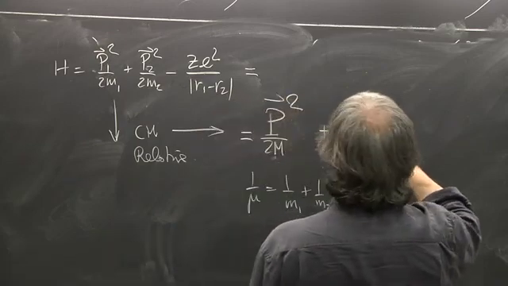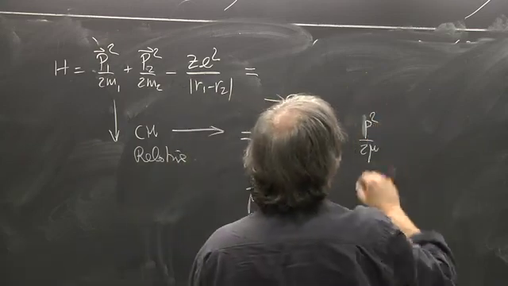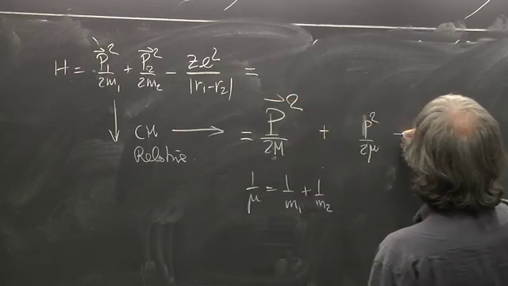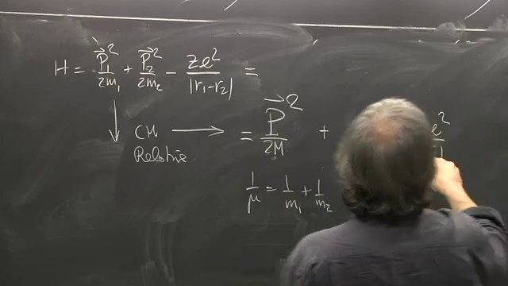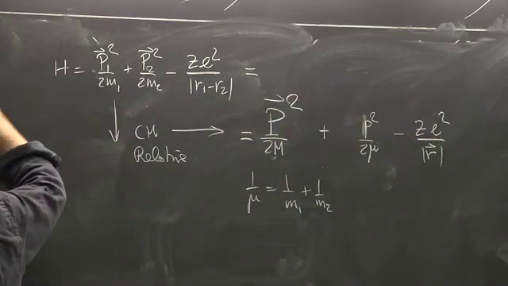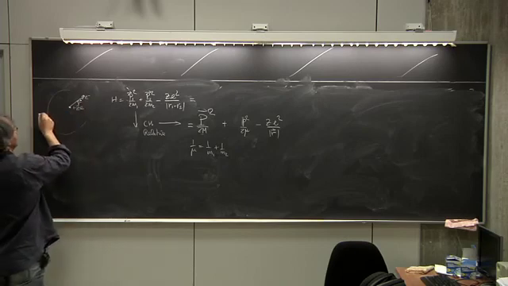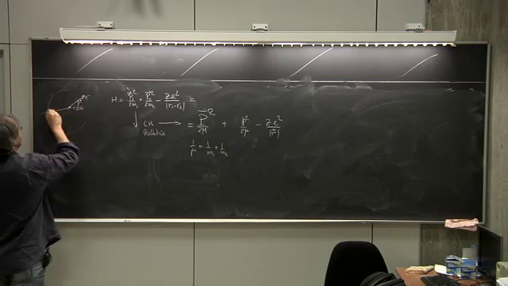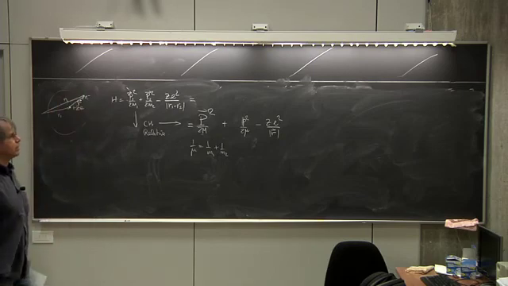And I don't write for you the expression for the momenta because there is a little trick in the relative momentum. We'll do it next time. Minus Z e squared over R. R is now simply the relative coordinate, going from R1 and R2 to R1 minus R2.